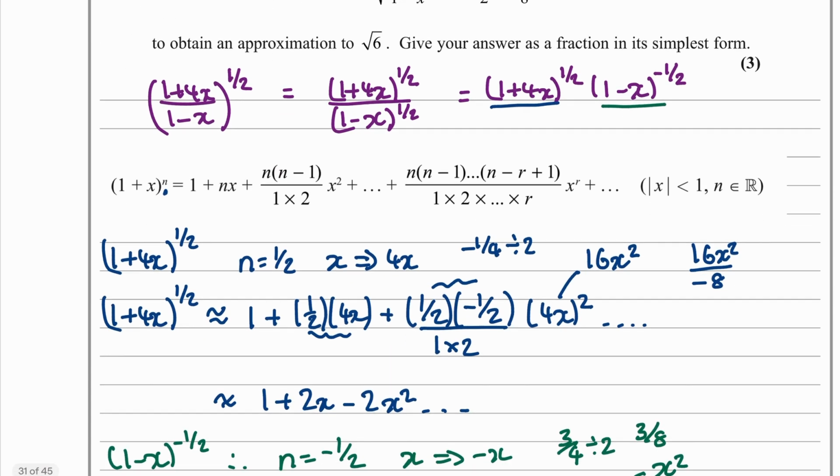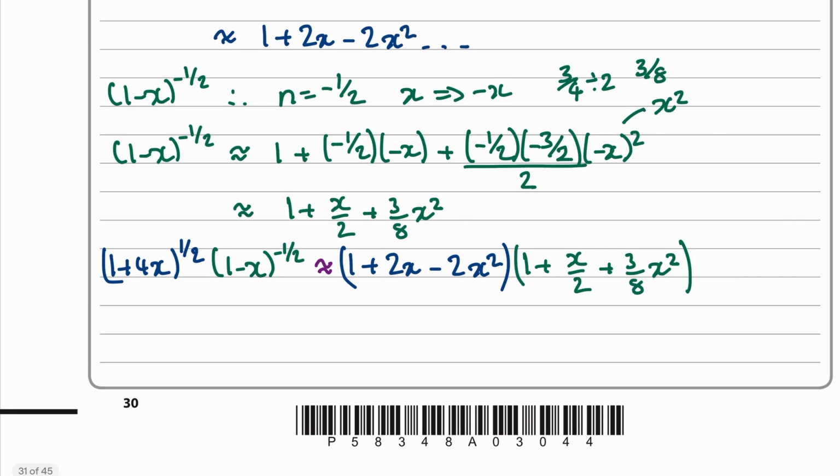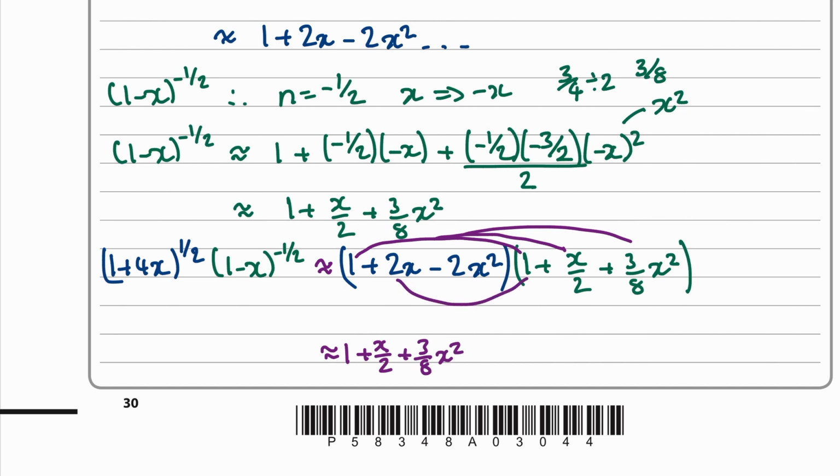So we don't need to work out every possible combination. We need the 1 plus x over 2 plus the 3 over 8 x squared, plus the 2x. And 2x times x over 2 will just give us x squared. And then we need negative 2x squared times 1. And any more combinations will increase that power beyond x squared.